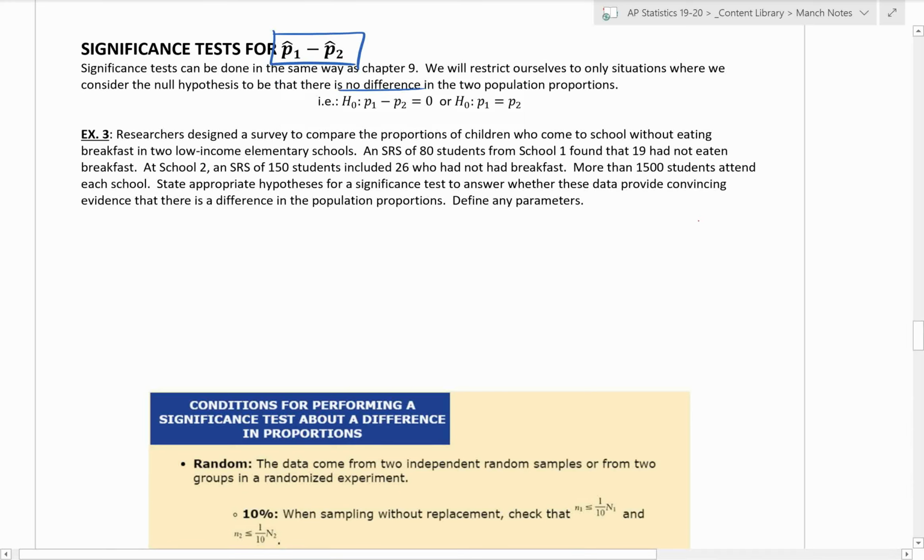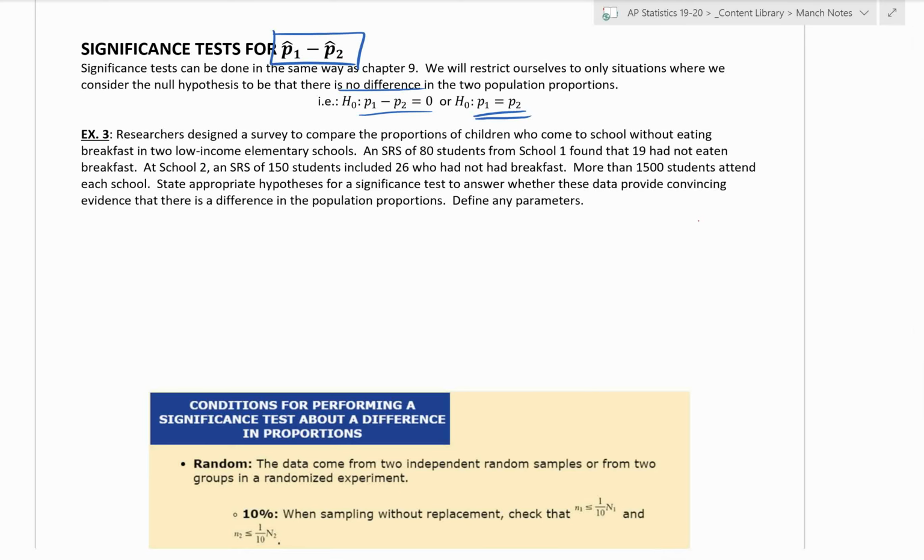So that means all of our hypotheses will be stated like this: if there's no difference, then the two proportions would be equal to each other. So our null hypothesis would be simply that P1 equals P2. Another way of saying that is that the difference between the two proportions is 0. These are two different ways of saying the exact same thing. Either one is a perfectly acceptable way of writing your null hypothesis.